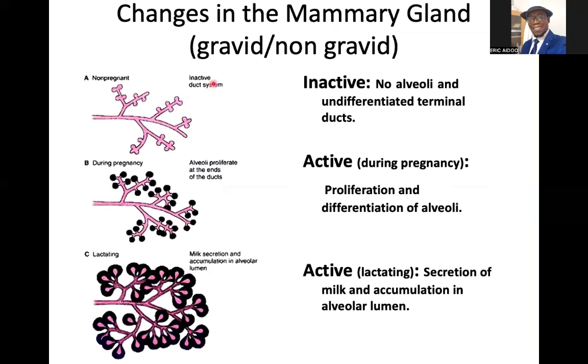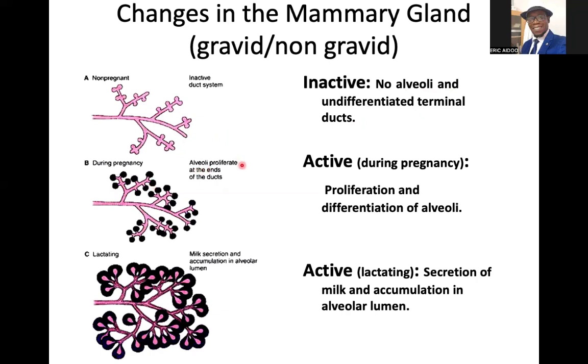There are changes in the mammary gland, either gravid or non-gravid, so whether pregnant or non-pregnant. So non-pregnant, that is an inactive duct system. So it's just like a tree with branches with the leaves drying up and falling, no fruit. So inactive, no alveoli, and undifferentiated terminal ducts. During pregnancy, you can see that you now have the emergence of some black spherical portions at the ends of the ducts.